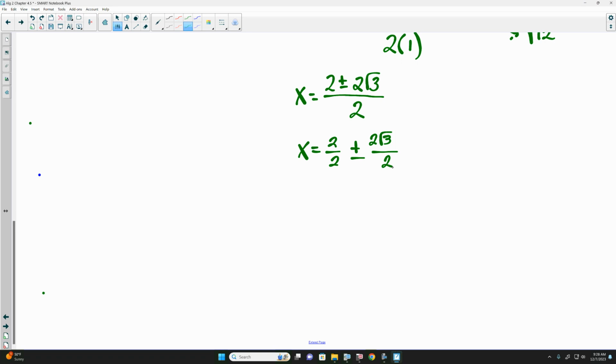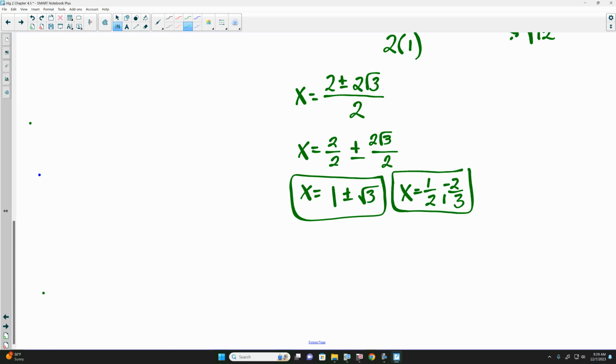We can split it apart. First part, 2 divided by 2 is 1. Again, our 2 over 2 would reduce to 1, leaving us with square root of 3. So 2 of our answers are 1 plus or minus the square root of 3. And we also have that x is 1/2 and negative 2/3. So those are our 4 answers.